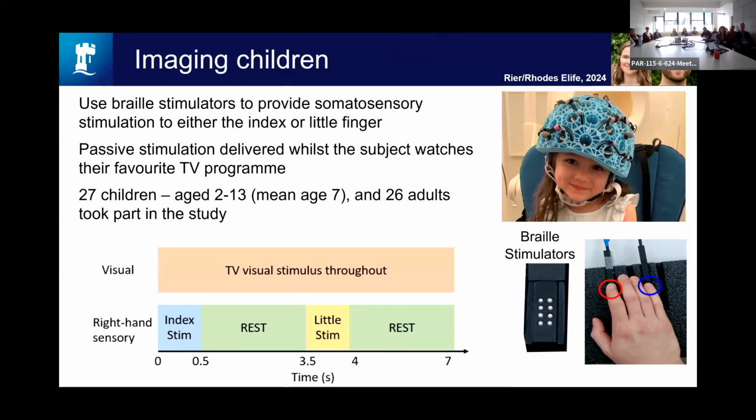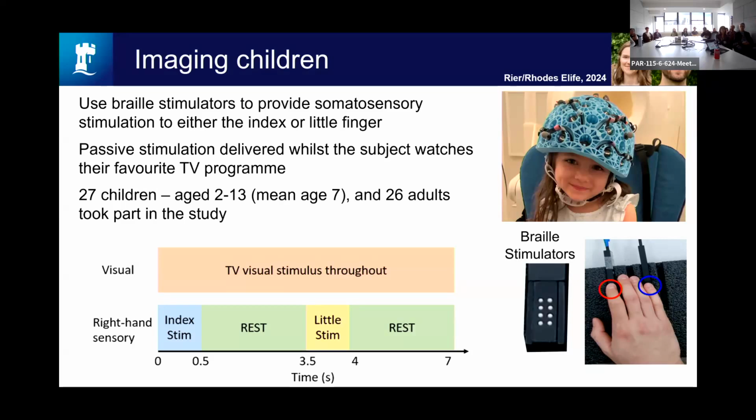This is work in collaboration with Margot Taylor's group in Sick Kids Hospital in Toronto. So in this initial study, we did 27 kids, 26 adults. Our youngest children in this study were 2. The eldest were 13, so quite a wide range for no better reason than that's who we could get.